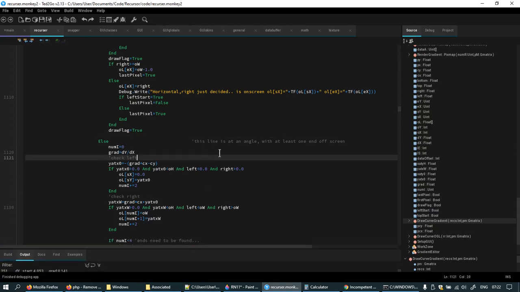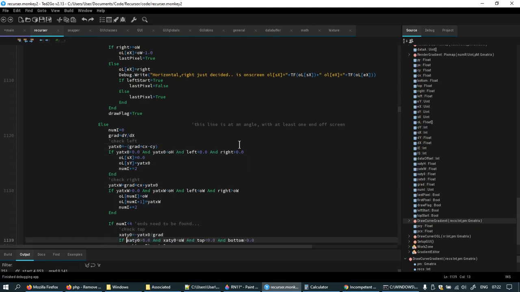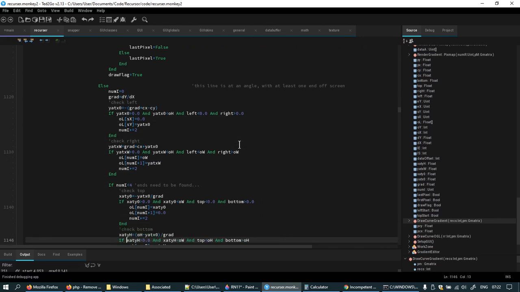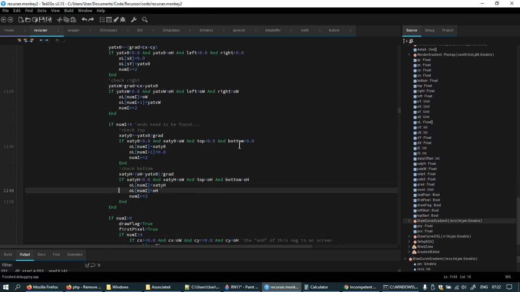This line is at an angle with at least one end off screen. Check left, check right, check top, check bottom.